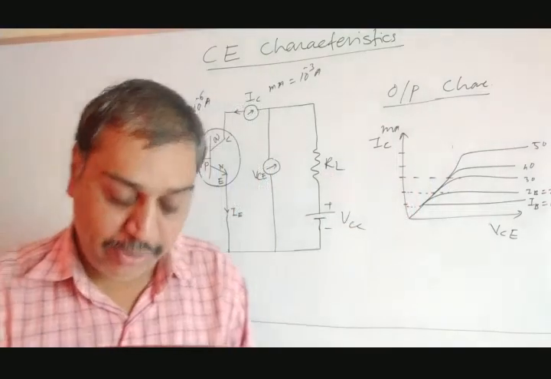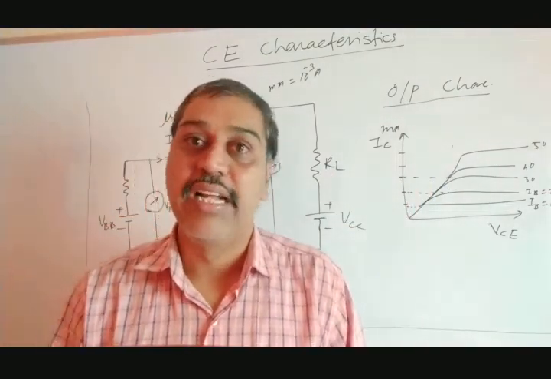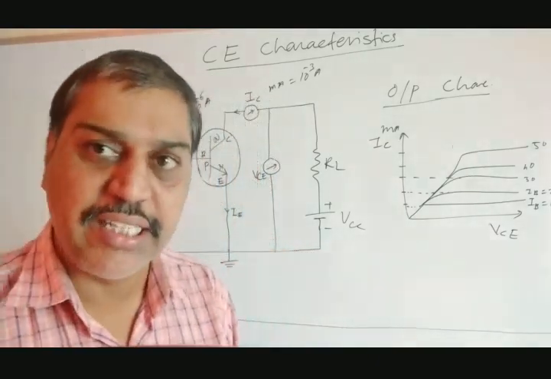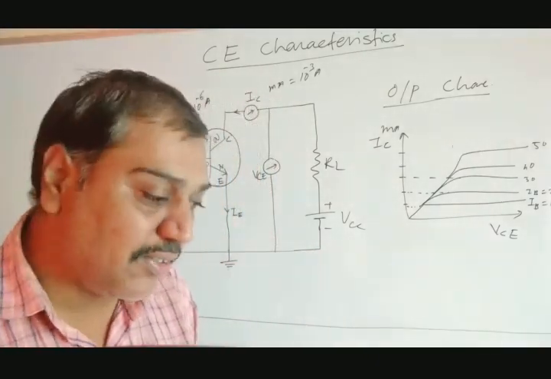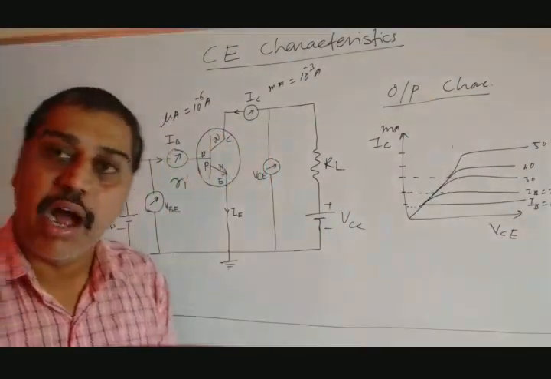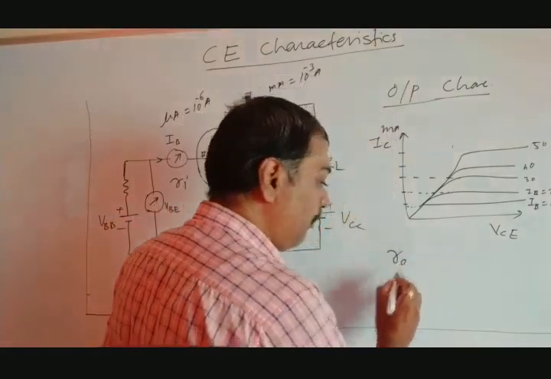That means output current is controlled by input current, and that is what we want here, and that is said to be output characteristics. Again, similar to the initial case, we want to find out the resistance, and here the resistance at this output part is said to be output resistance, and that is represented by, suppose, R suffix O.